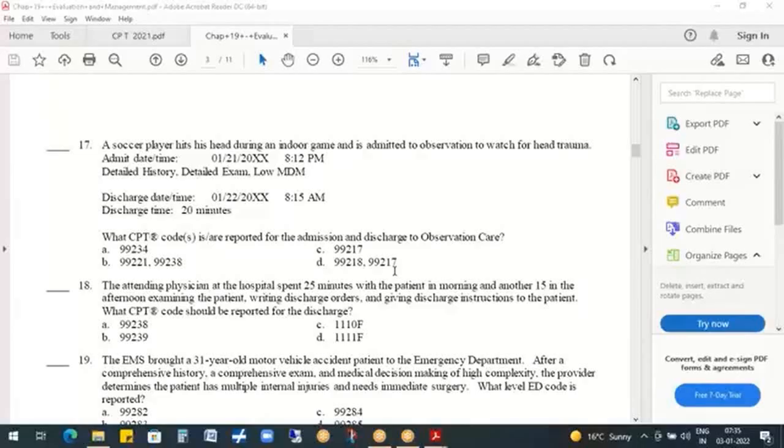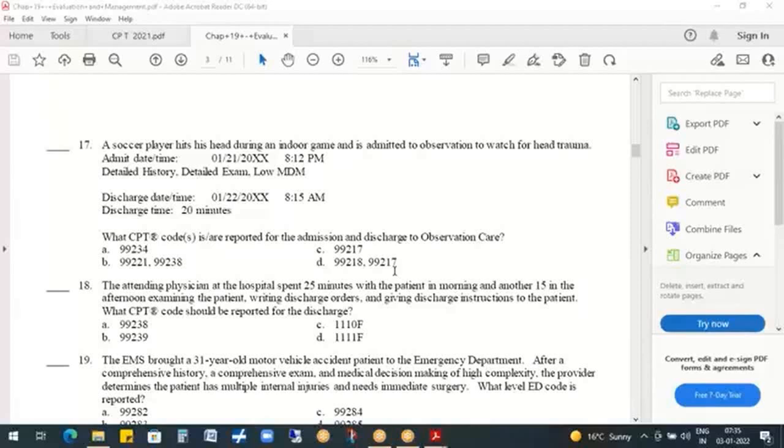Now, when you memorize that code series, first when you see the options, by seeing this question, I came to know whether the patient is admitted and discharged on the same day, or the patient is in hospital, or the patient is in observation, that I need to look for. Now, a soccer player hits his head during an indoor game and is admitted to observation. Now the location is observation. Admitted date is 121.